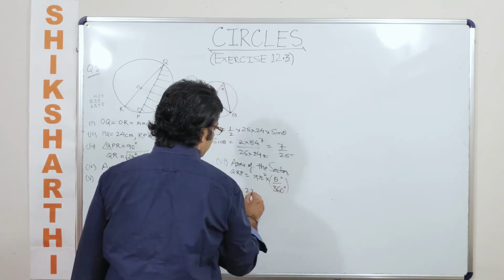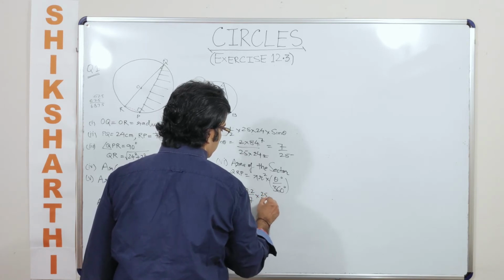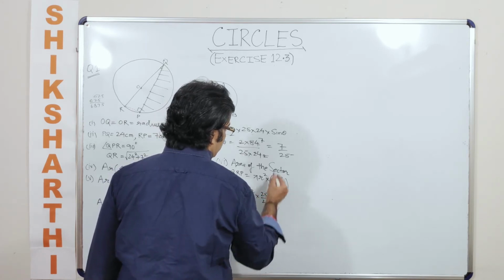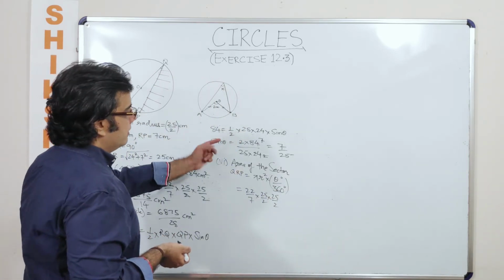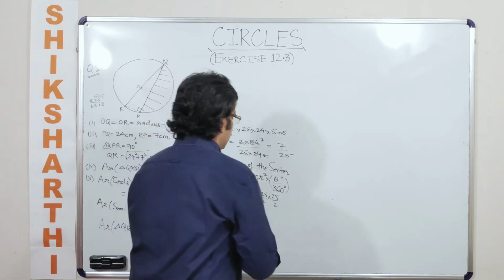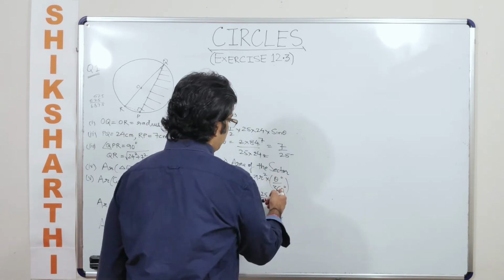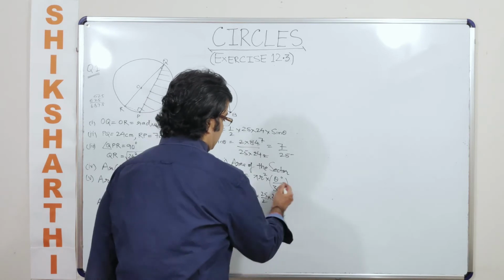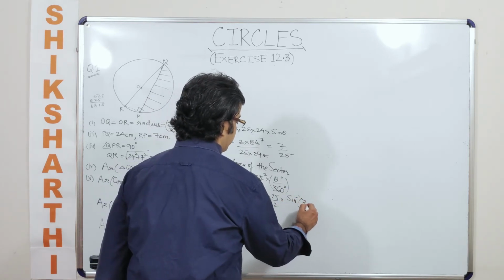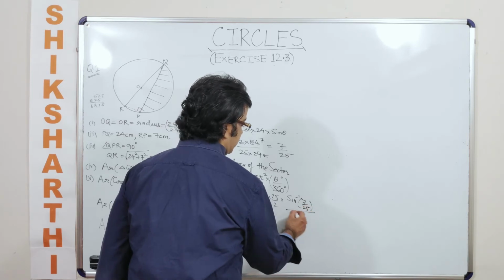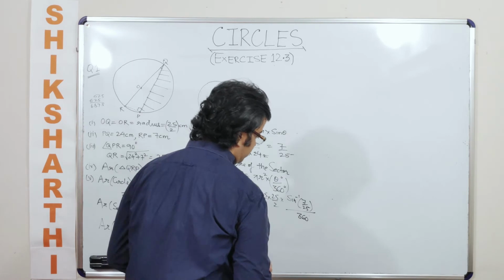So which is just like saying 22 by 7 into r square, which is 25 by 2 into 25 by 2 into theta that we do not have, and then we need to find out the value of theta from here. So theta upon 360 degrees is nothing but sine inverse of 7 by 25 divided by 360 degrees.